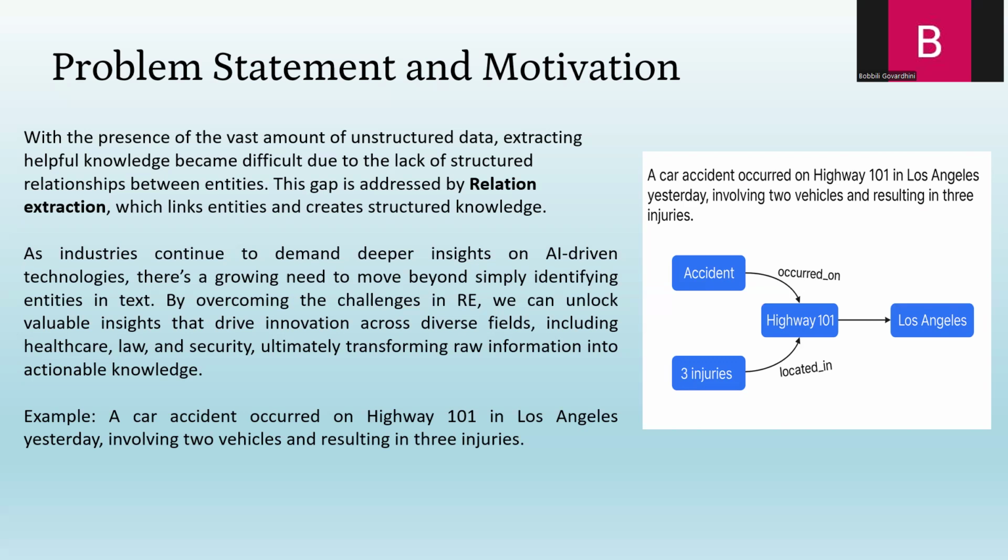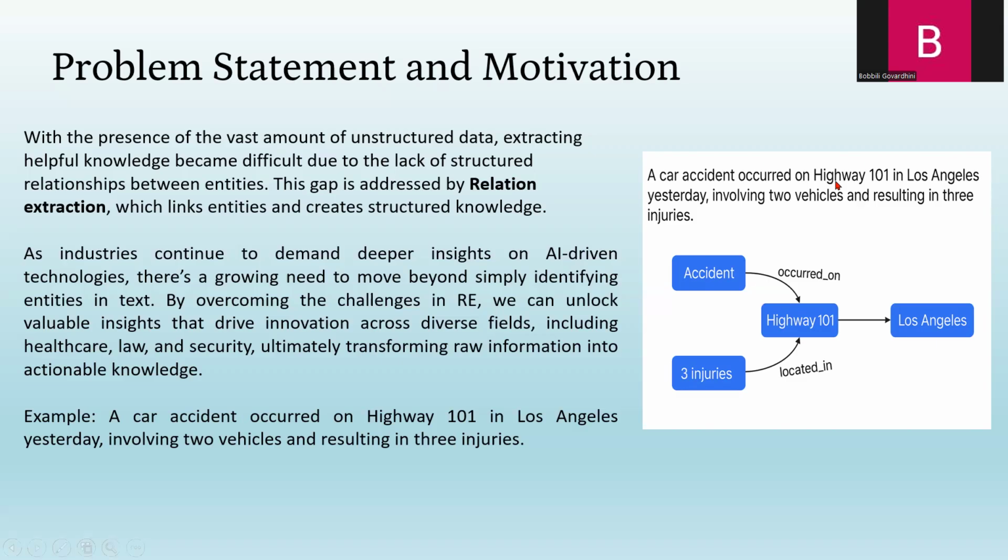For example, consider this car accident report. It says a car accident occurred on Highway 101 in Los Angeles yesterday, involving two vehicles and resulting in three injuries. This is a piece of information where a human can understand the example easily, but a machine can't interpret the relation between entities.